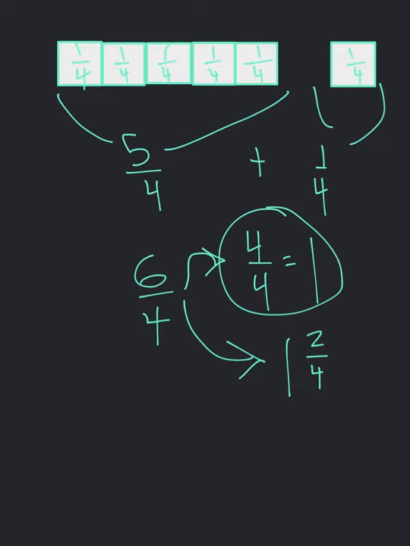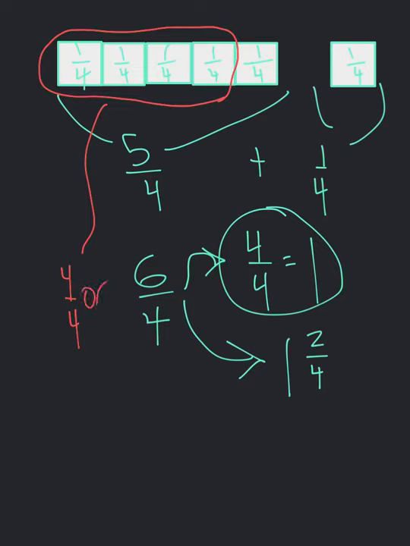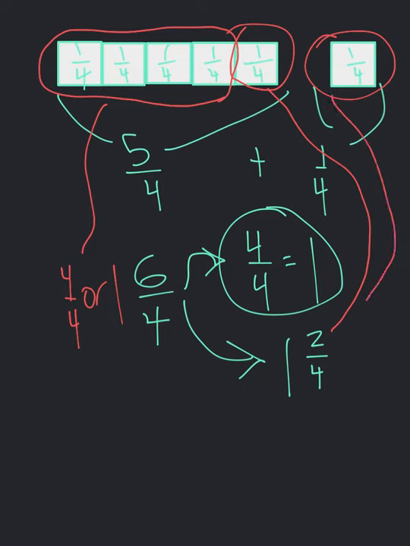So you could also look at that as, this would be 4/4, which would be 1 whole, right? And then these two pieces left over would be an extra 2/4, which we can see right there. So then all together you would have 1 and then 2/4.